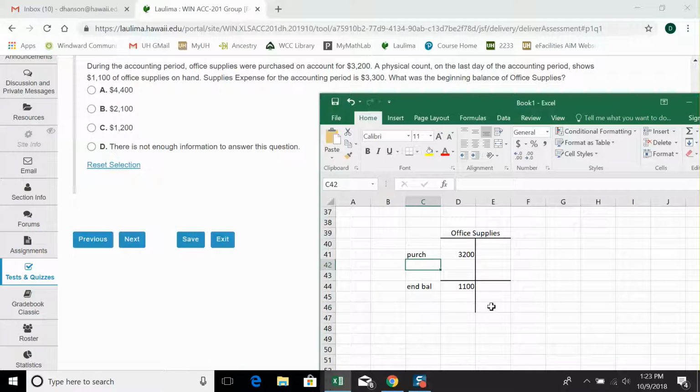Then it says supplies expense for the accounting period was 3,300. Now that's a decrease to office supplies because remember, I'll just do a side entry here, right? We'll debit supplies expense and credit office supplies as the supplies are used.